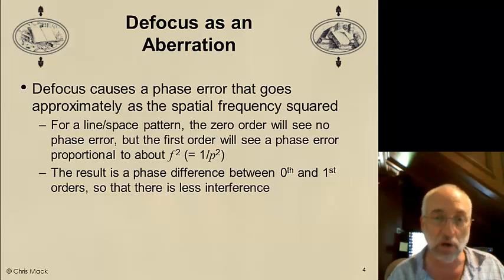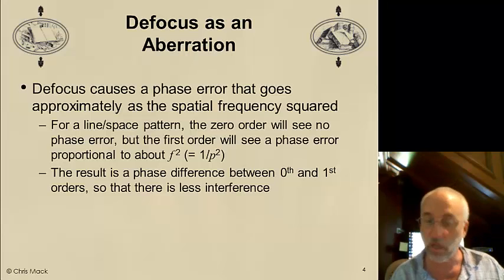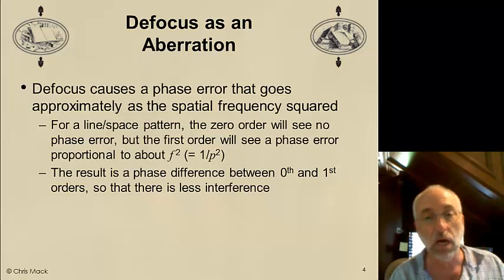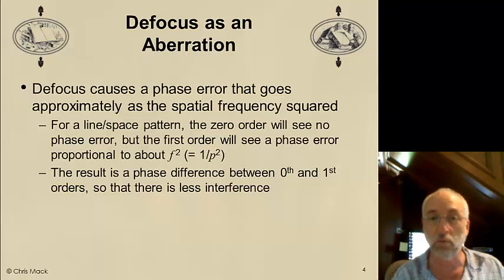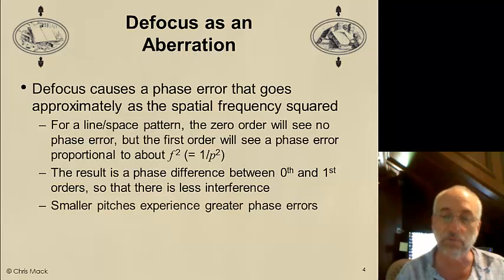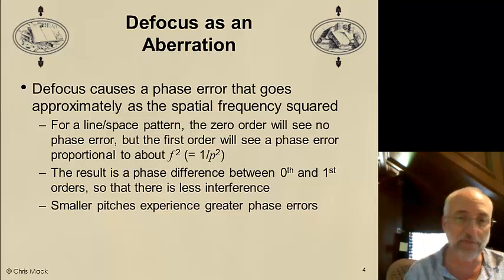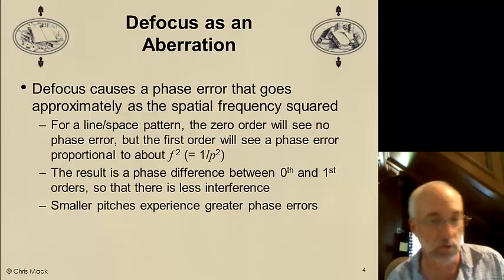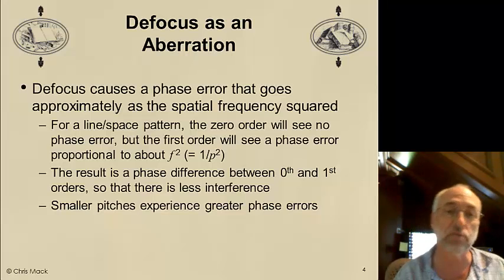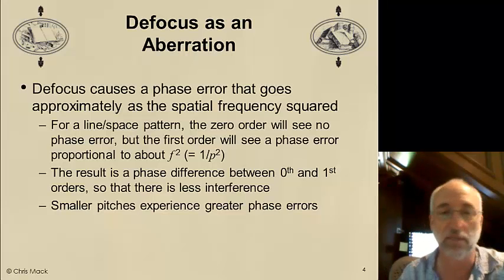If the beams are out of phase, I will get no interference. I'll get less interference, and we'll find out that, in fact, if we have a certain phase difference, we can get no interference whatsoever between them. 90 degrees being that. We'll talk about that later.